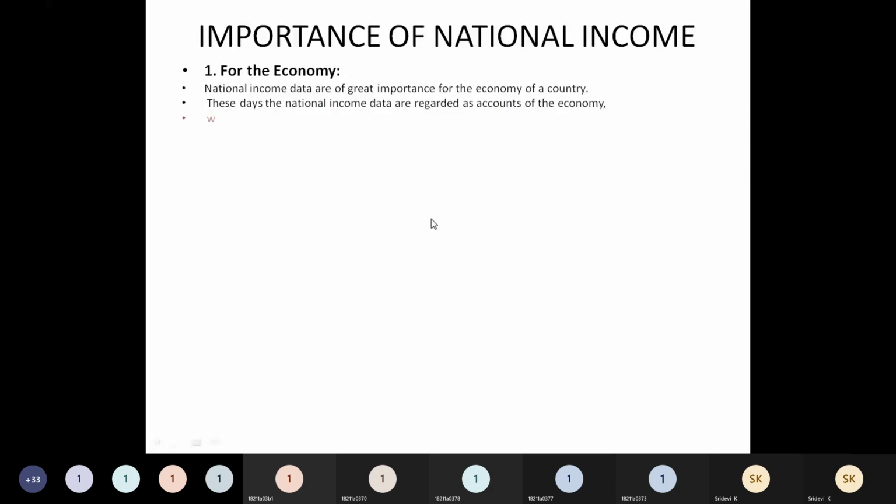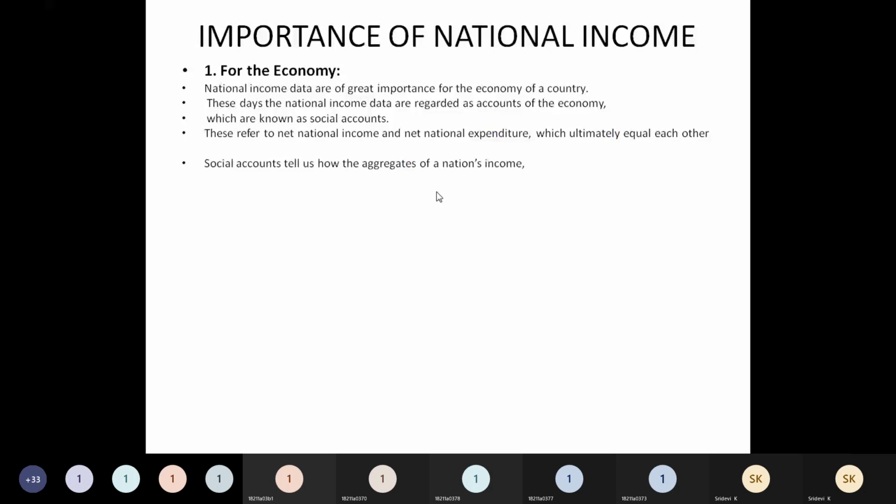So in the economy, for each and every person, what is the income that was earned, per head income, we can say. So that each person, how much he is earning in the country, what is his income, that can be identified here for knowing how the economy is growing.